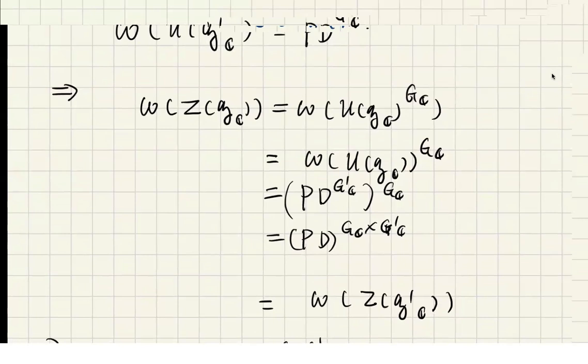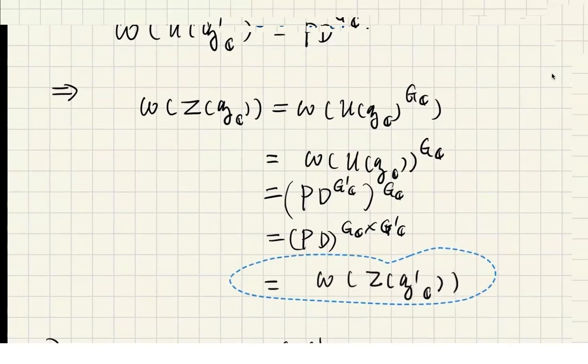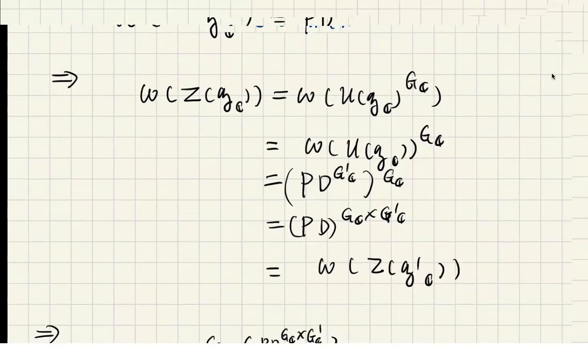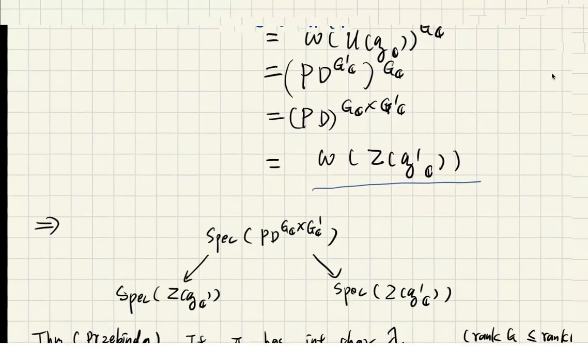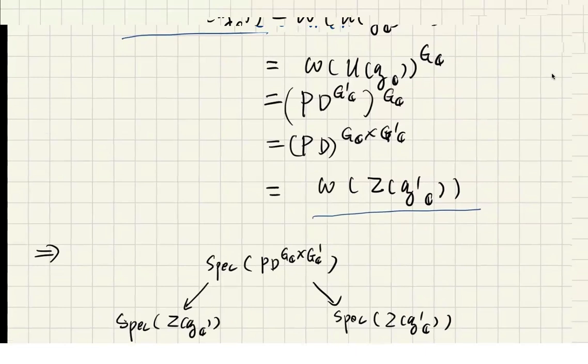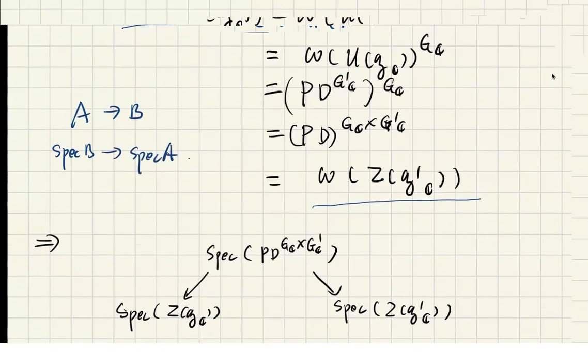You do the calculation again, and you will see that this is nothing but the image of the universal enveloping algebra of g'_C. So the message is that under the Weil representation, the centers of both groups map to the same algebra. And it basically says that if you have a map between algebras, then you will have Spec B mapping to Spec A. So here it is the same.